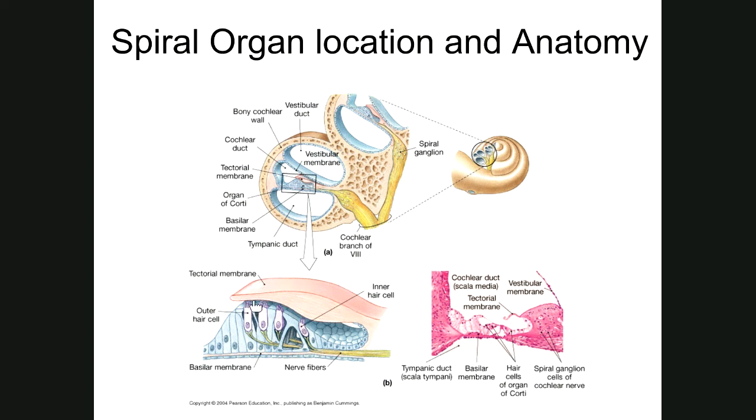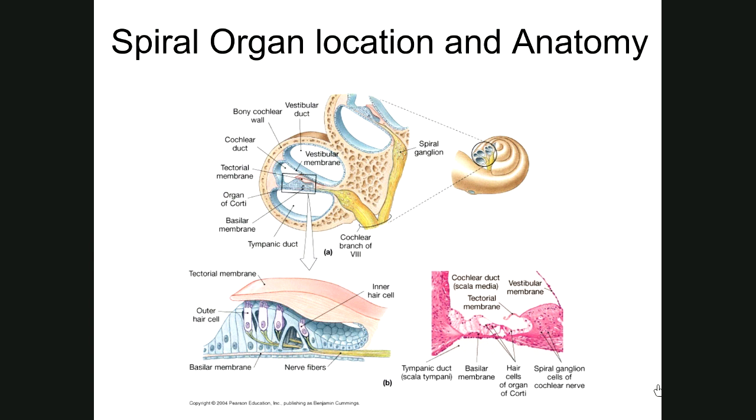So the hairs are in a lawn that goes all the way down, and they're embedded in a tectorial membrane all the way down that spiral organ, all the way to the helicotrema. The hair cells are resting on top of the basilar membrane. There they are, right there. They're resting on top of that basilar membrane. So that's the spiral organ, the organ of hearing.